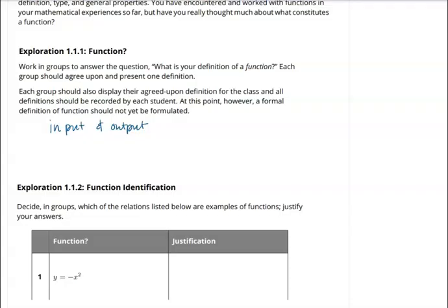Decide in your groups which of the relations listed below are examples of functions and justify your answers. Please don't just simply write yes or no. You want to justify your answer here. So this is a good time to pause and talk it over with your table. It's okay to be questioning and maybe even a little contrary if you're not sure. It's good to test each other's opinions. See what you think and then come join me again.